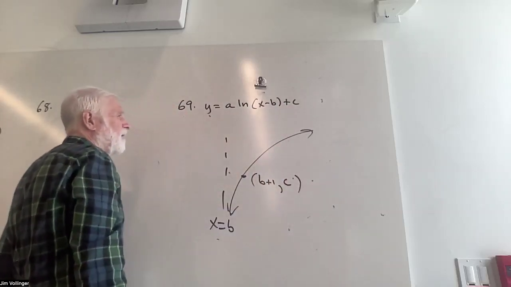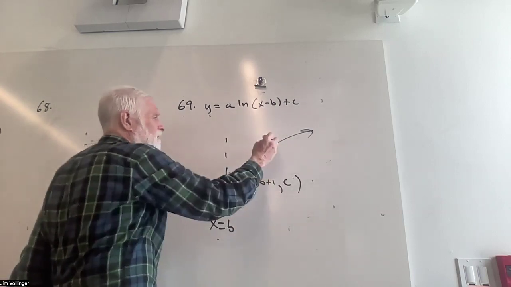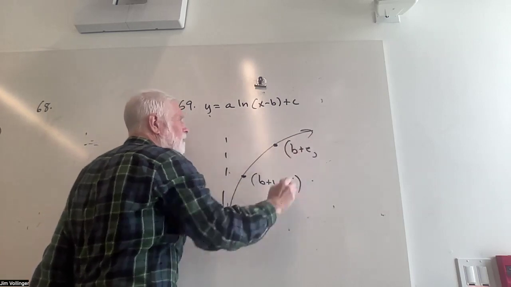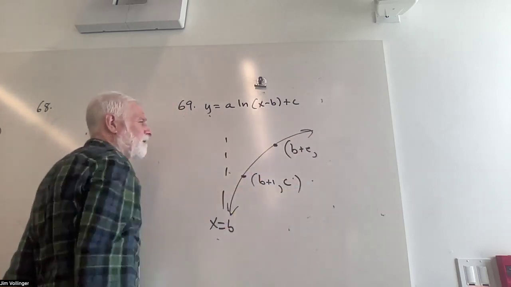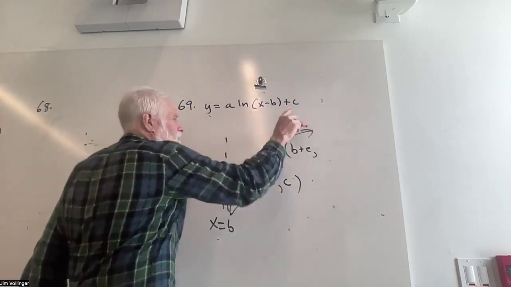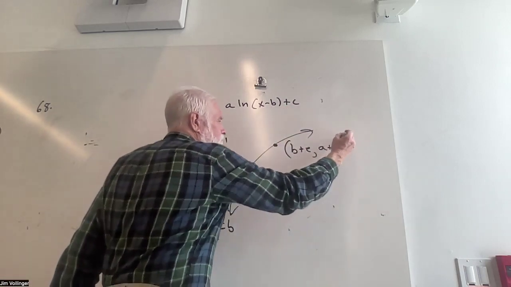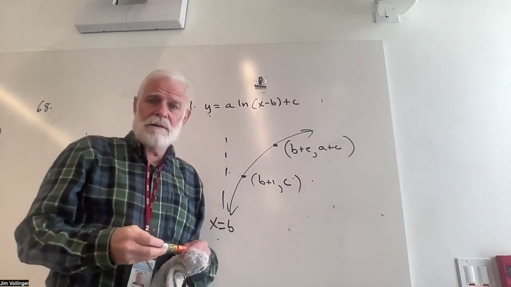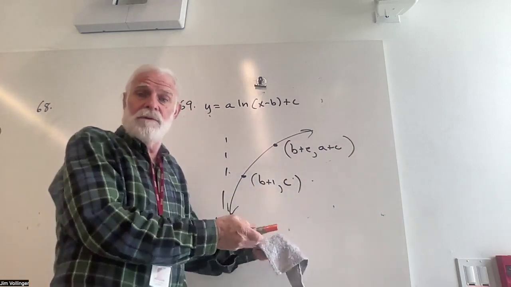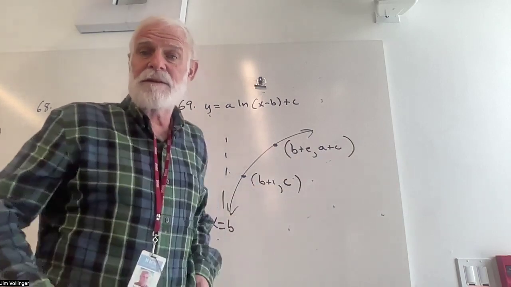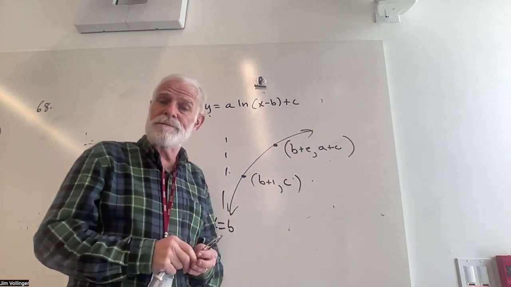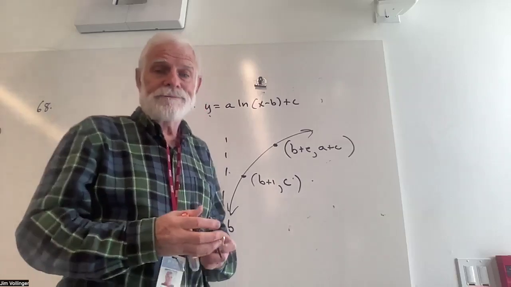And I know that if I make this the same as the base, then I do B plus e, which means I got the ln of e, which is 1, A plus C. And that was just a challenge at the end. And it was meant to be followed. I didn't spend a lot of time with it, but that's the process that we're trying to learn for all numbers. All right, so that's that.